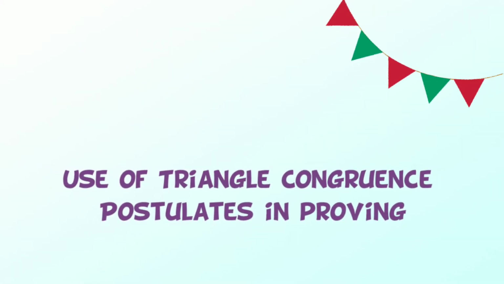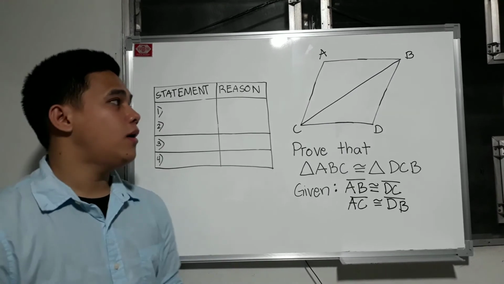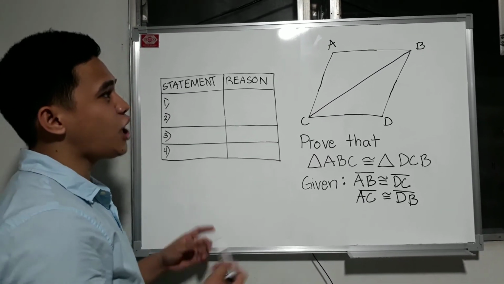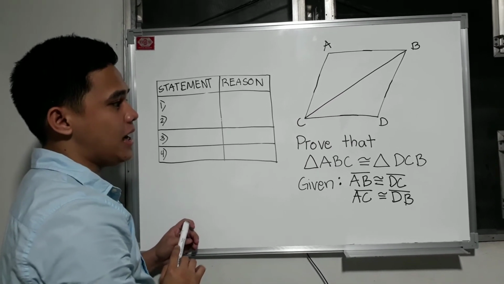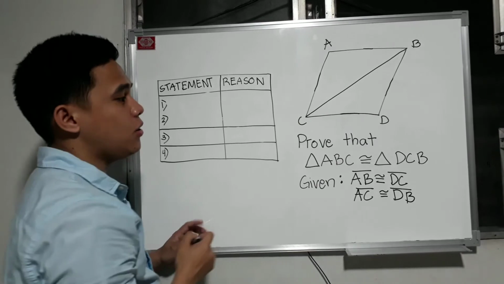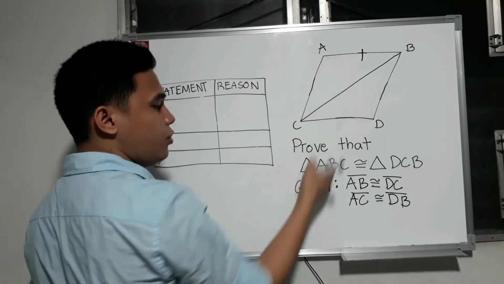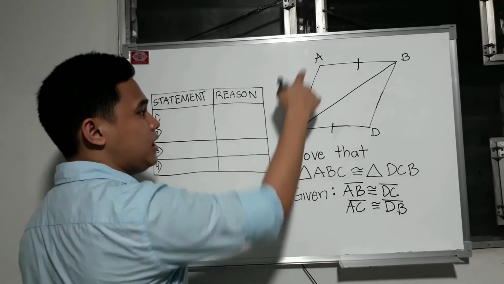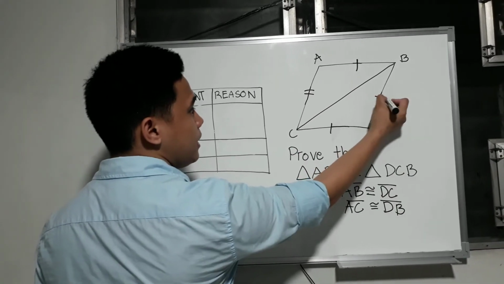Let us have an example of the use of triangle congruence postulates in proving. For example, using this illustration, let's prove that triangle ABC is congruent to triangle DCB. So it is given that segment AB is congruent to segment DC. And also segment AC is congruent to segment DB.